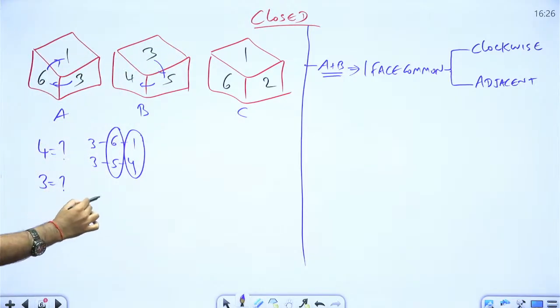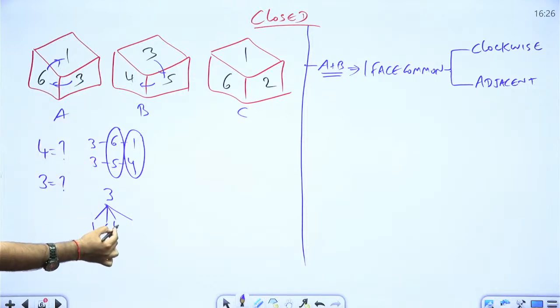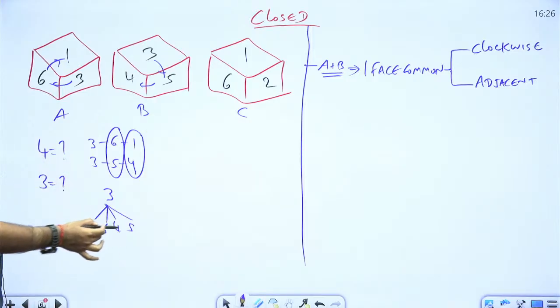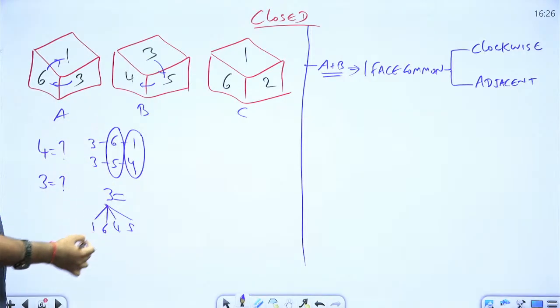So when I pick up 3, I can say what 4 faces are adjacent with 3. With 3 I have 1, I have 6, I have 4, I have 5. So none of these will actually be opposite to 3. From the options you will delete all of these options. You will be left with only one answer that will be opposite to 3.